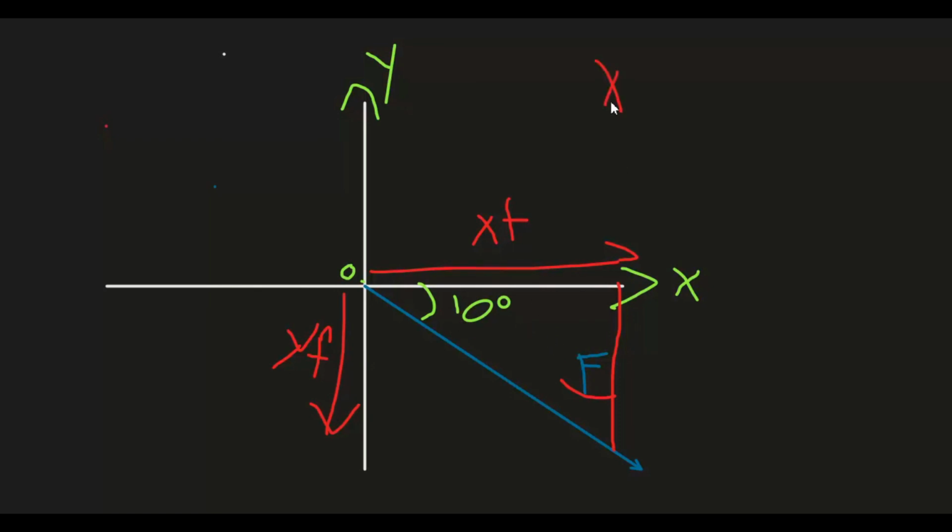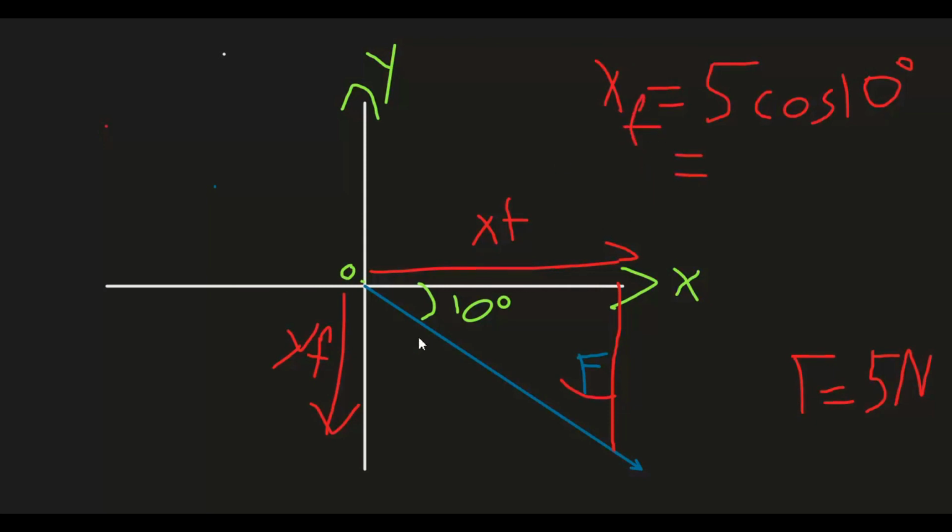Let's write the value of F equals 5 Newton. So we can say that x equals 5 cos 10 degree. It's pretty simple. 5 cos 10 degree, right? And we can just find the x force.